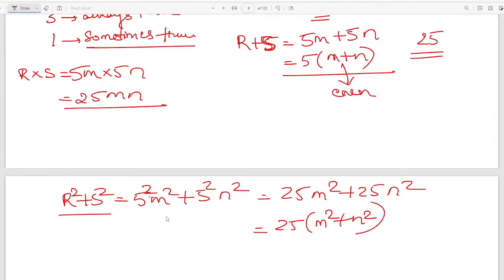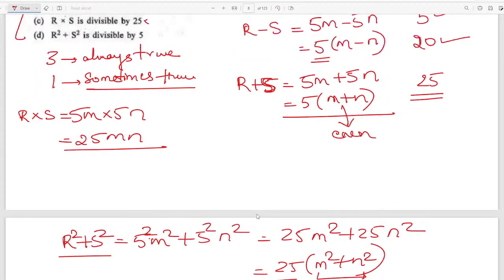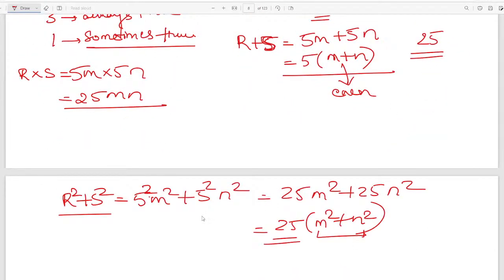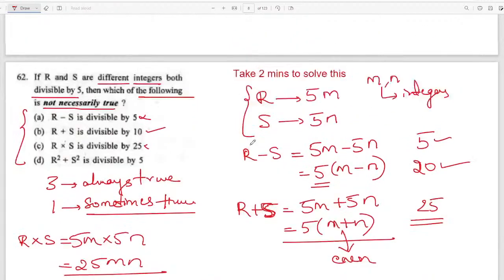Again, this R square plus S square is a multiple of 25 because clearly we have taken m and n as integers. So if it is a multiple of 25, it will also be divisible by 5. So even this is correct. This will always be true. So option D is also wrong. So the correct answer is option B.